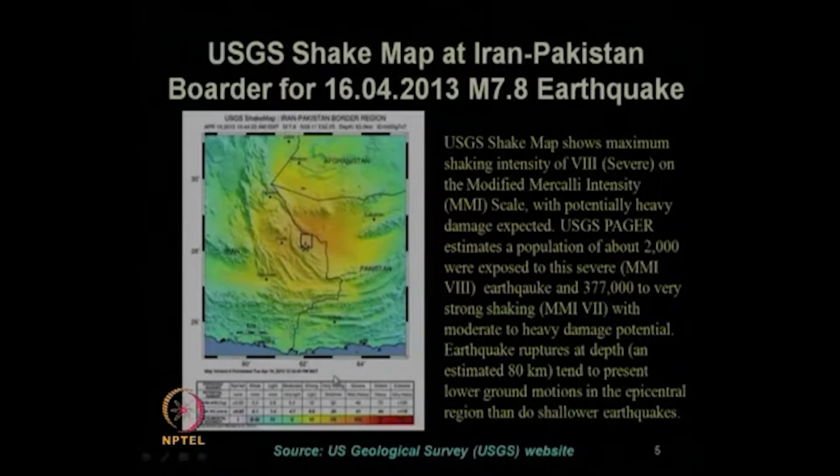You can see from this shake map that the intensity, the modified Mercalli intensity scale or MMI scale, is about 8. About 2000 people were exposed to this severe intensity 8, and about 3,77,000 people were subjected to an MMI of about 7, as detailed in the USGS website.